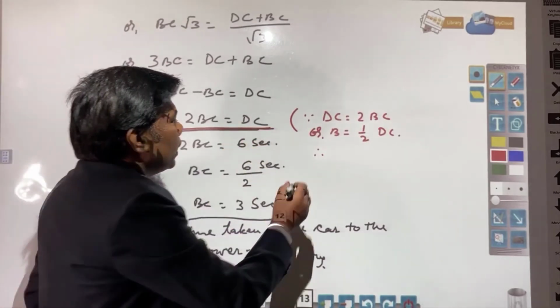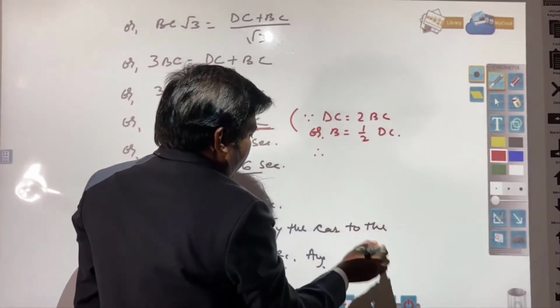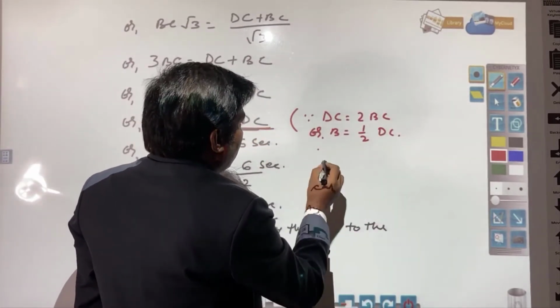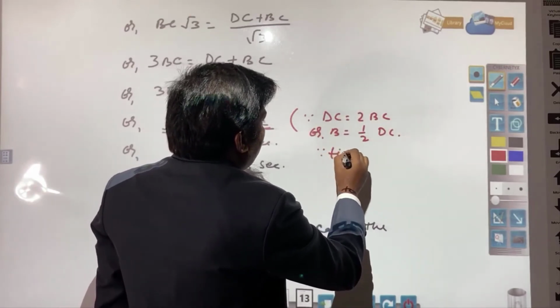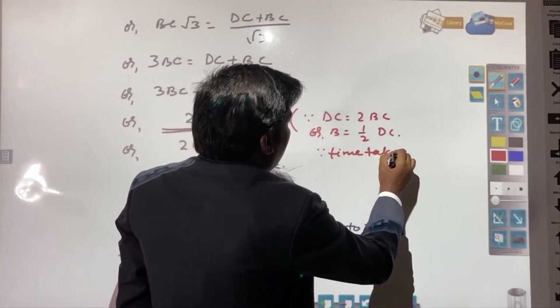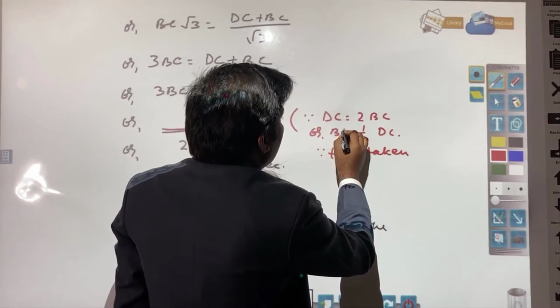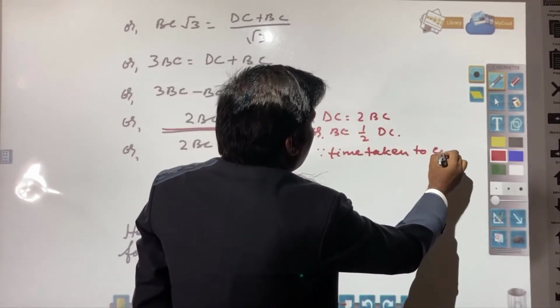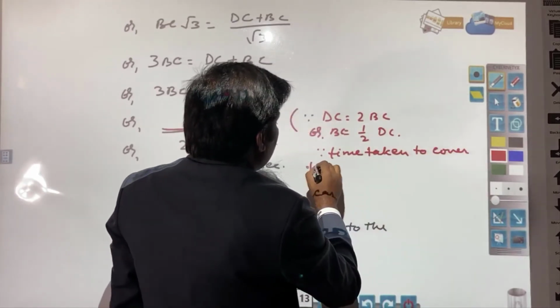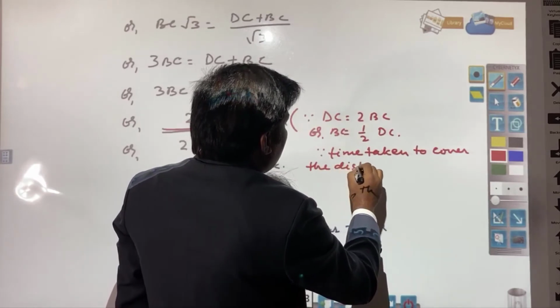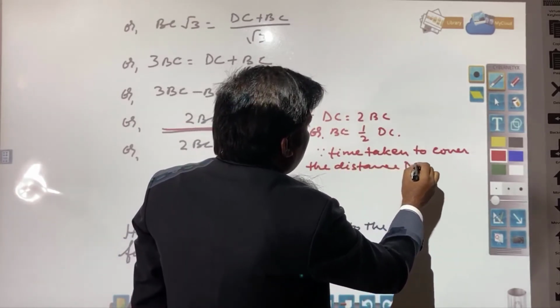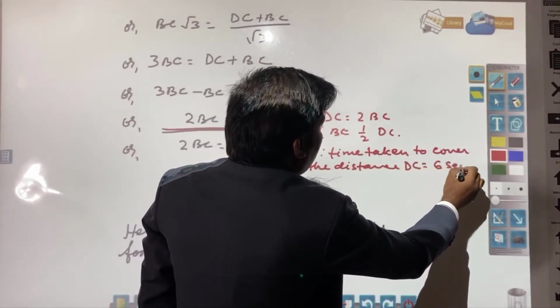We will write, since time taken to cover the distance DC is equal to 6 seconds.